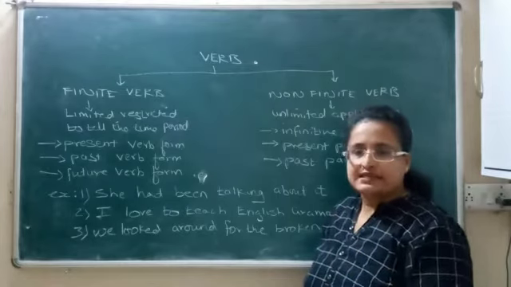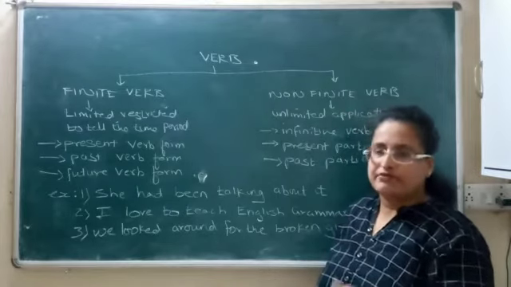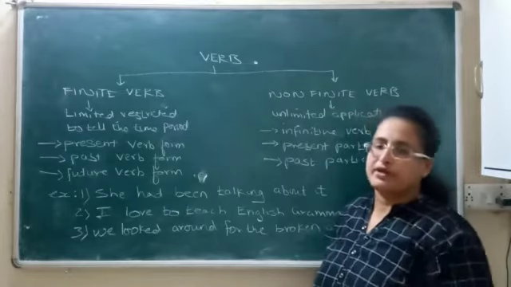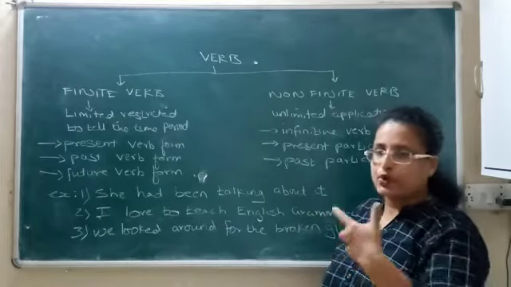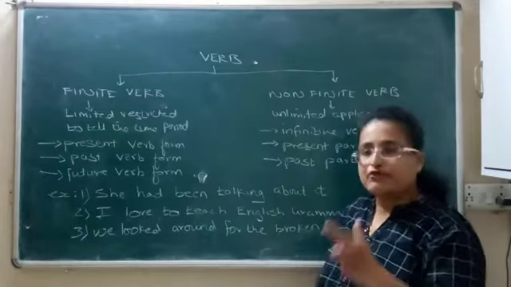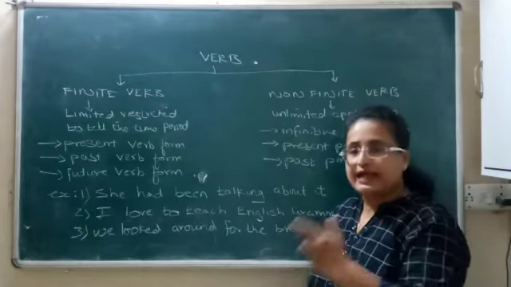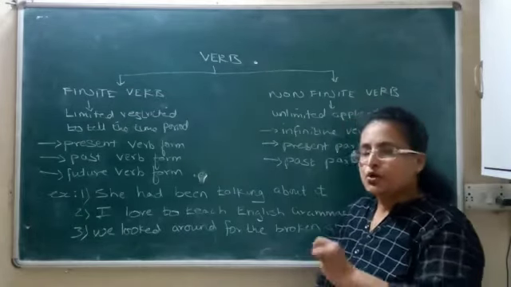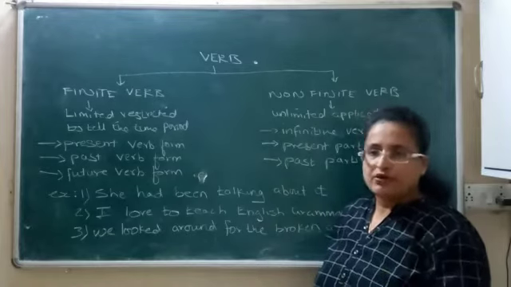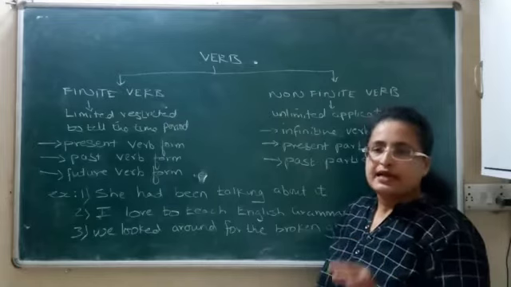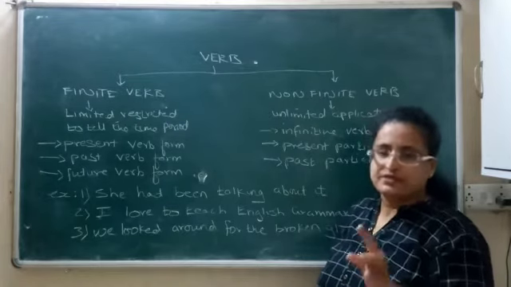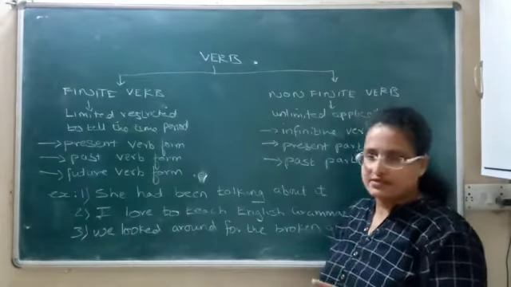In a simple sentence, a finite verb is a must. Without a finite verb you cannot frame a sentence. We'll see the application of it. I hope you have understood the concept of finite verb. Remember, finite verbs tell about tenses or time frame. Only one finite verb is necessary in a sentence.